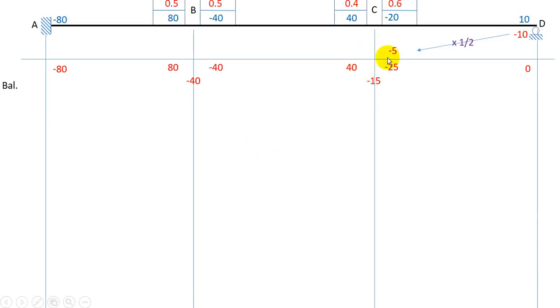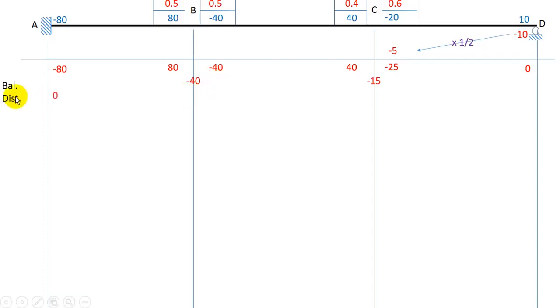And here again 40 minus 25 is a 15 kilonewton meter of clockwise nature, and to balance that moment, my beam has to provide a minus 15 kilonewton meter of moment, that is anti-clockwise in nature.